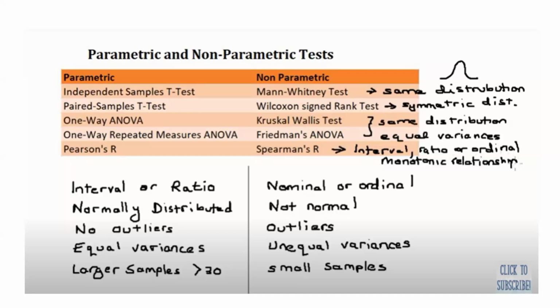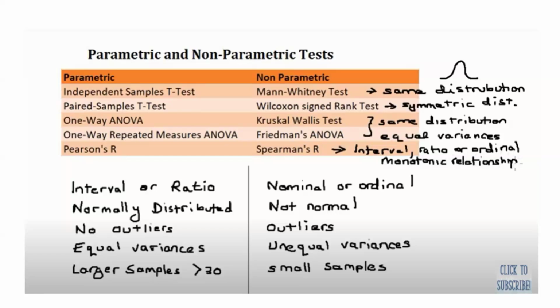And instead of using the paired sample t-test, we can use the Wilcoxon signed-rank test. Instead of using one-way ANOVA, we can use the Kruskal-Wallis test. And instead of using one-way repeated measures ANOVA, you can use Friedman ANOVA. And instead of using Pearson R, you can use Spearman R.